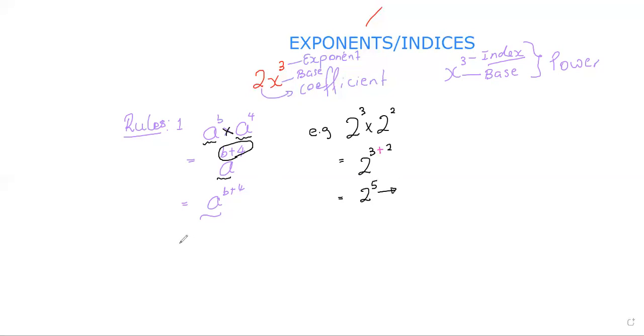Now law 2. If you have y to the power 6 divided by y to the power 2, this becomes y to the power 6 minus 2, and that will become y to the power 4.